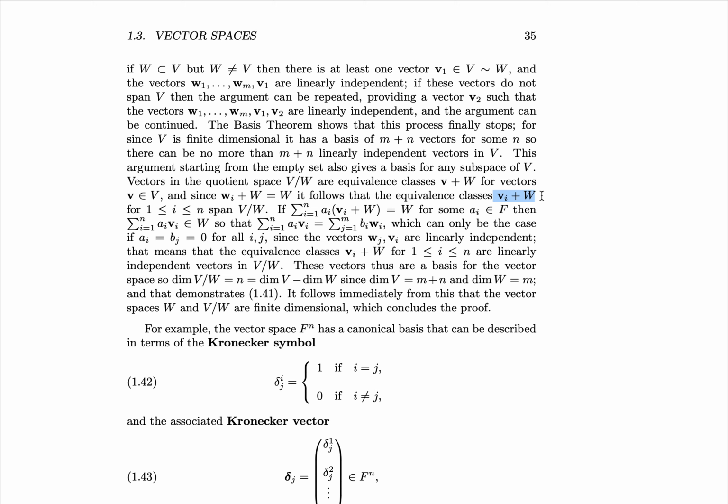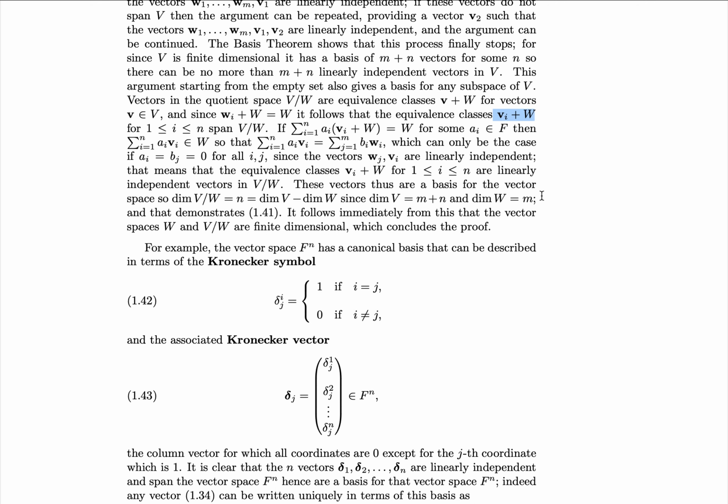With that proof done, we can now consider a canonical basis for any vector space, namely the vector space F^n, the set of all n-tuples of elements of the field. It has a basis that can be described in terms of the Kronecker symbol, sometimes called the Kronecker delta, where delta_ij is equal to 1 if i equals j, or 0 if i does not equal j.